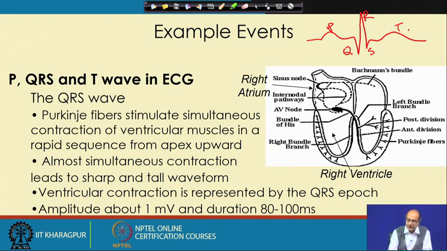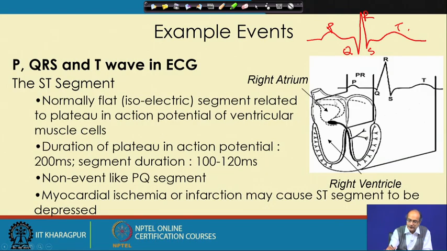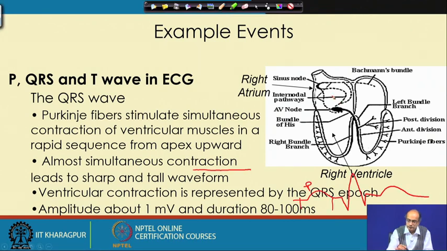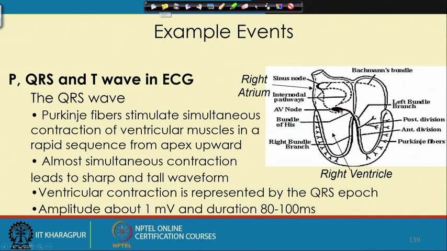Now, after the PQ part is over, the QRS will start when the AV node releases the signal and allows it to go to the ventricle.